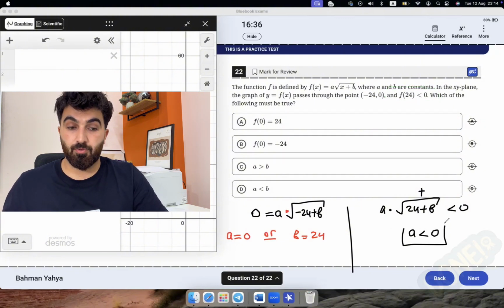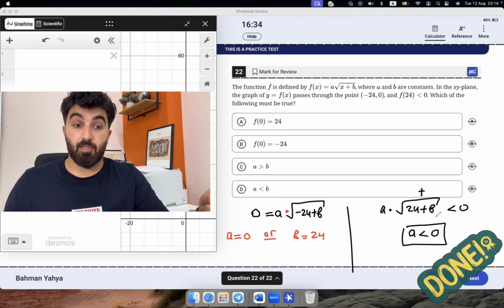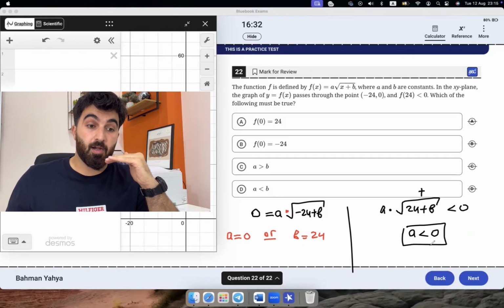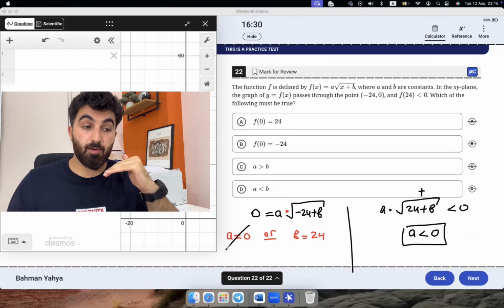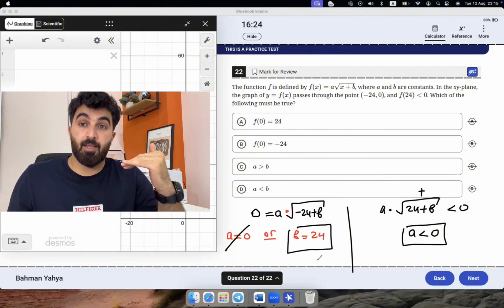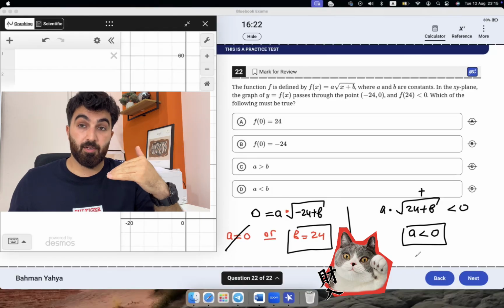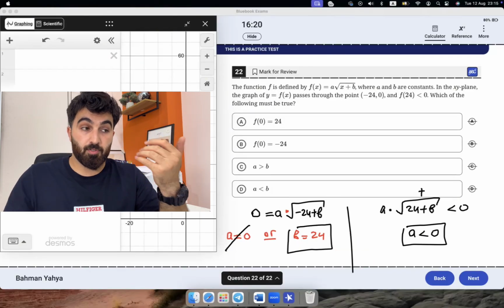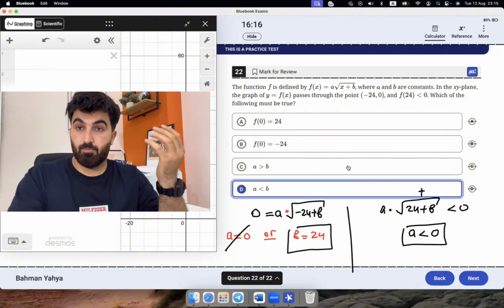That's definitely true because the product is negative. If a is less than 0, it means that a is not 0, but b is 24. So finally, what we got: a is negative, b is 24, b is positive. So what does it mean? b is greater than a, okay?